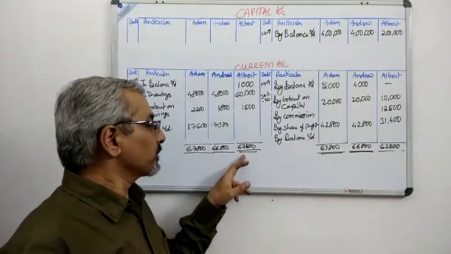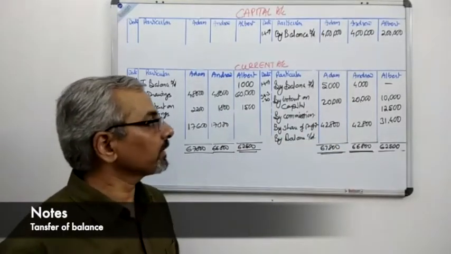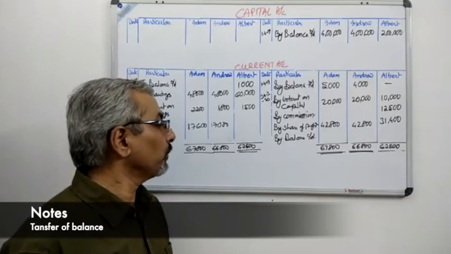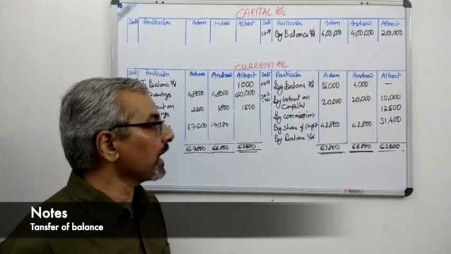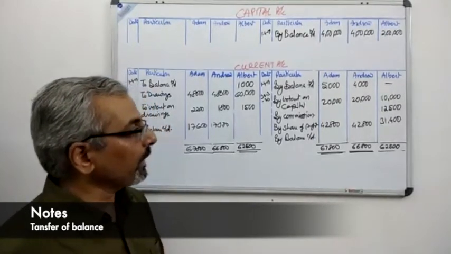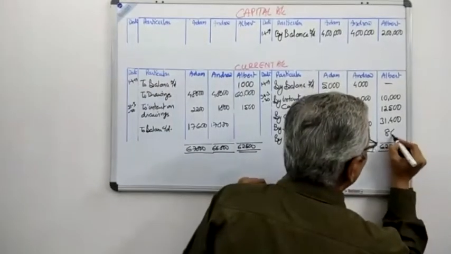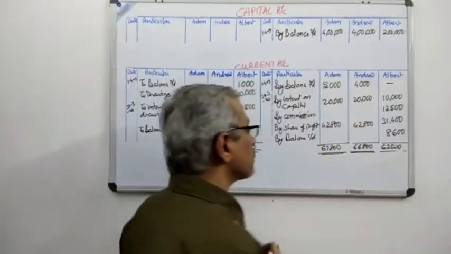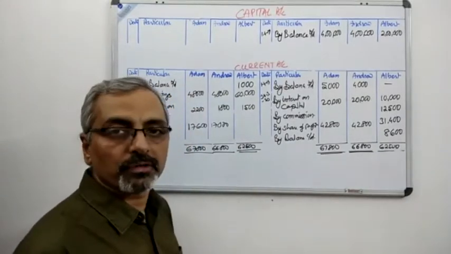The total is coming to 62,500, and 62,500 minus 10,000 gives us 52,500, minus 12,500 gives us exactly 40,000, and 40,000 minus 31,600 gives us a figure of 8,600. So this is the balance. Repeat, this is the balance of Albert, 8,600.